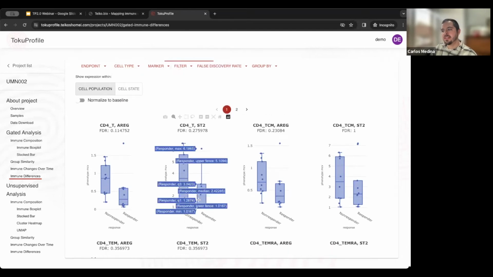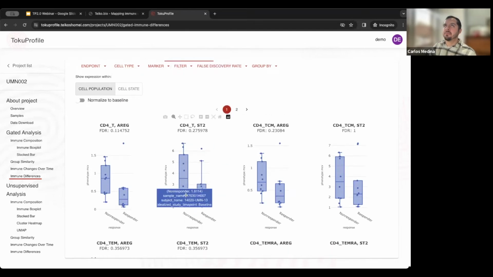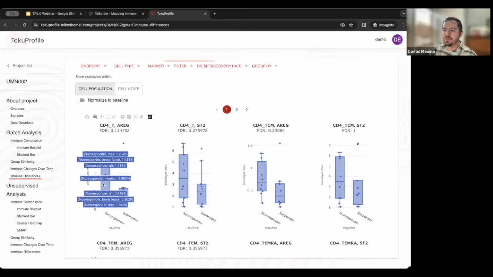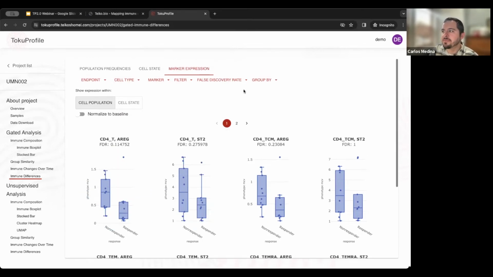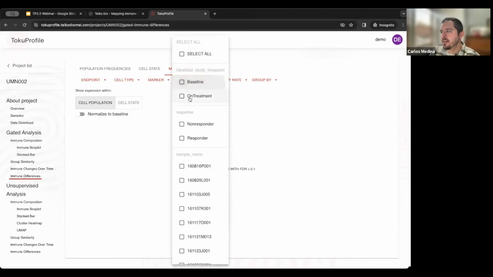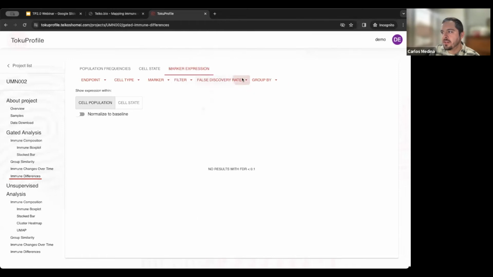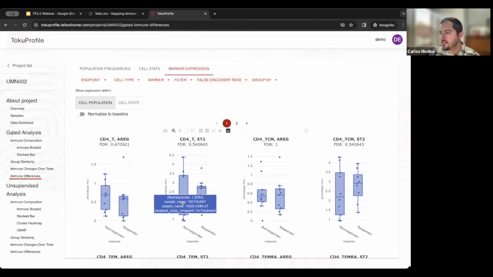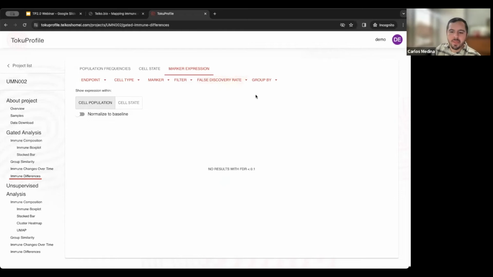And here we can see the protein expression of AREG and ST2 on these subsets between responders and non-responders. We set a false discovery rate of 0.1. Unfortunately, we don't see any differences that are trending. And we can also check on treatment as well. And while we do see that they are generally higher, they are not trending towards significance.